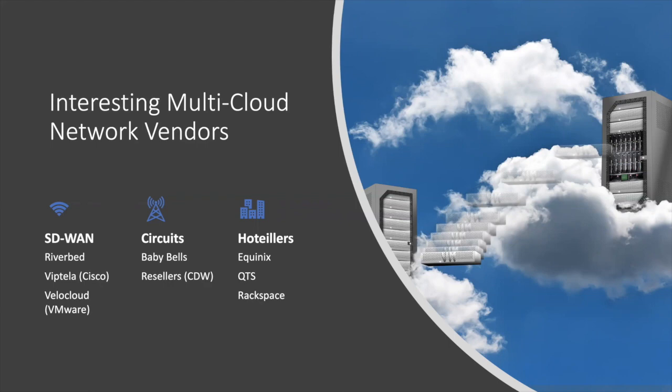It's no different than what we do in the data center. So Riverbed, Viptela, which is now owned by Cisco, VeloCloud, are all interesting examples of SD-WAN solutions that extend beyond just the private data center and private network.